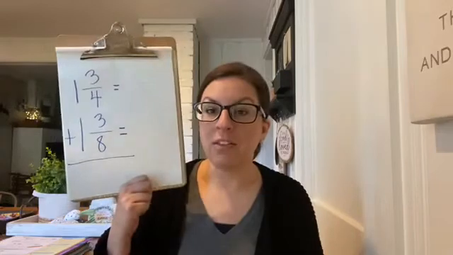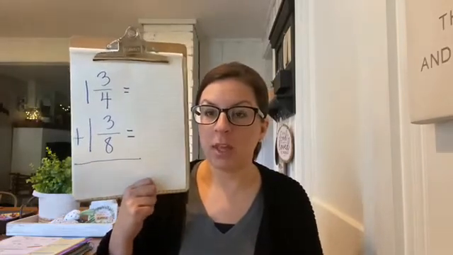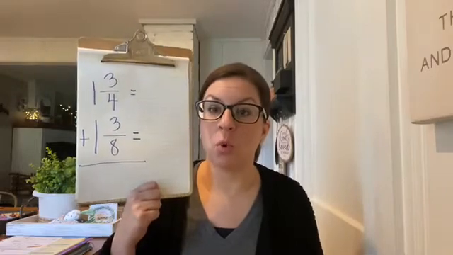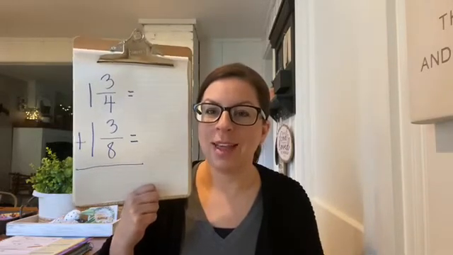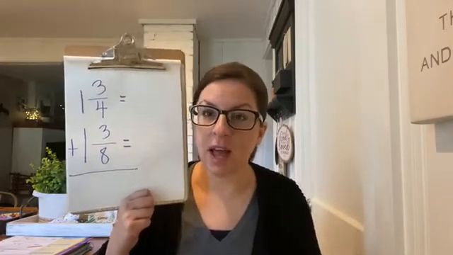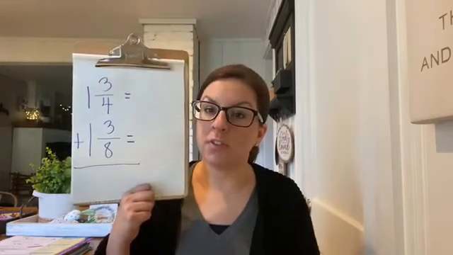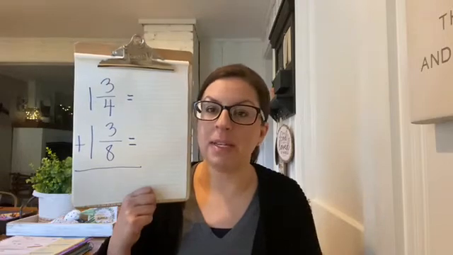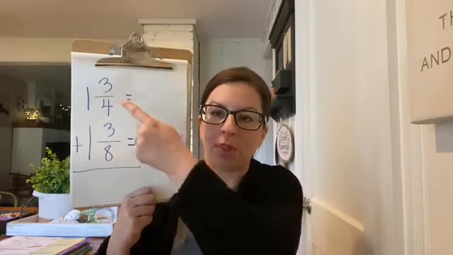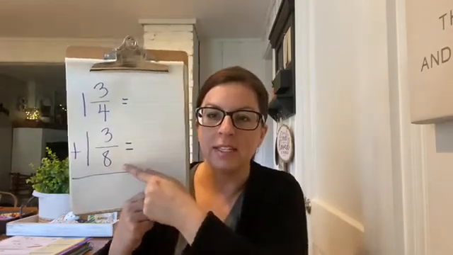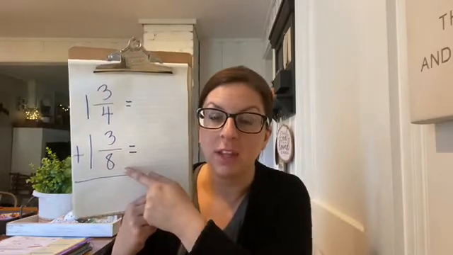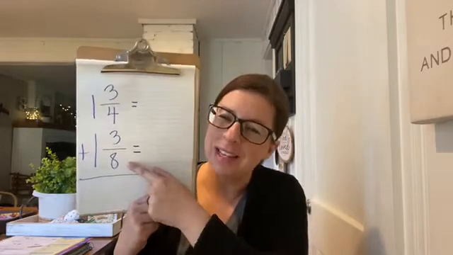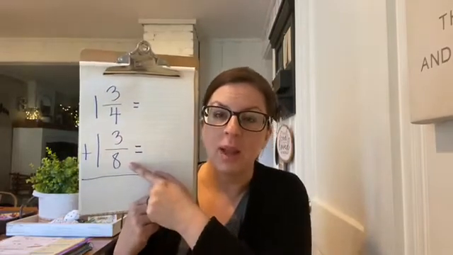Okay, but what have we said all along when it comes to adding or subtracting mixed numbers or fractions? They have to have the same denominator. So in order to find the same denominator, we need to find the least common denominator. Well, with 4 and 8, I can tell just by looking at it, the least common denominator is going to be 8. And that does happen a lot of the time, okay?